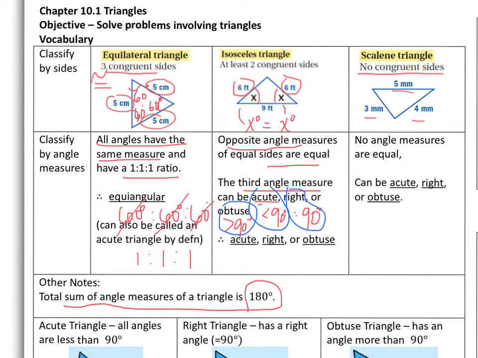So let me draw a picture for you. In order for the isosceles triangle to be an acute triangle, we can have two sides equal, and this angle is less than 90 degrees. Or we can have two sides equal, and this is 90 degrees.